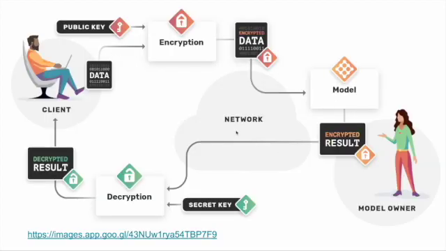This image shows how we are doing the whole process. First there is a bank which stores our data in encrypted form through encryption, and it sends the data to an ML team or an engineer.